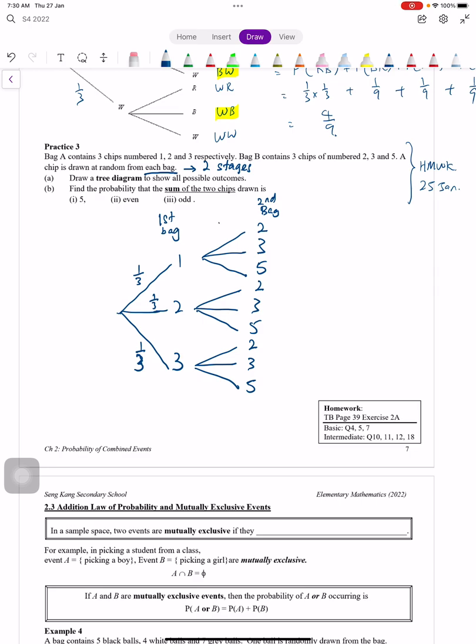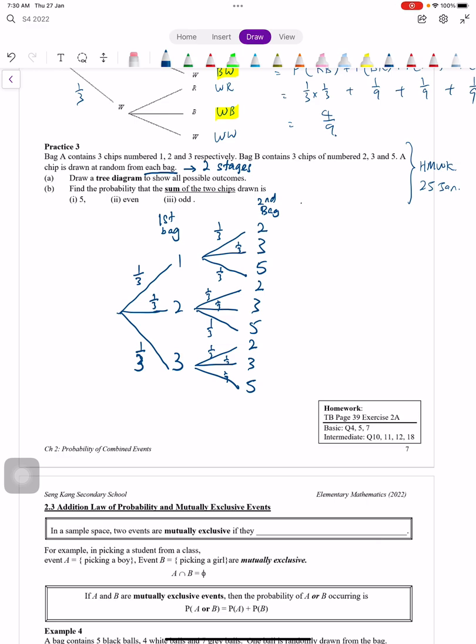So the probability is also the same, one third for all the branches, right? Because there's only three chips in the second bag.